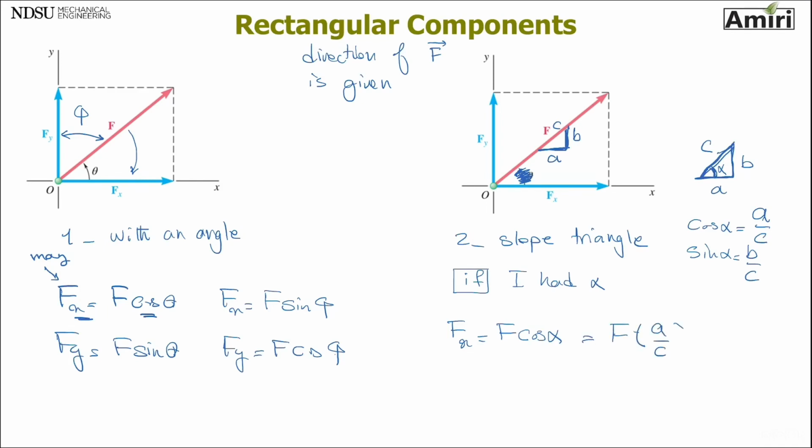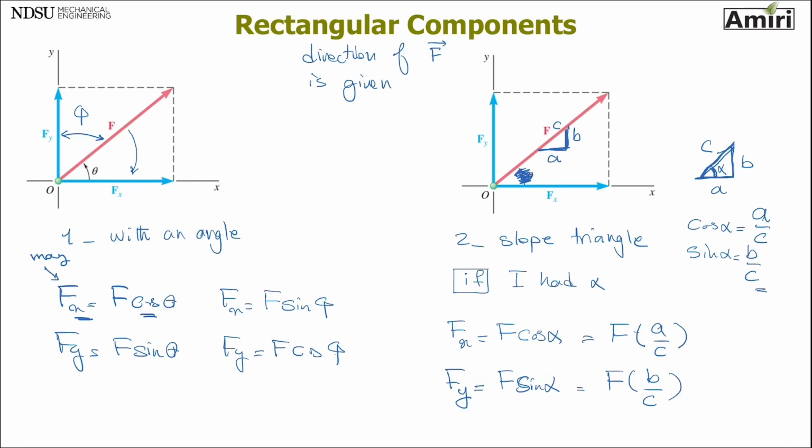It's called the slope triangle. Fx is F times A over C. Again, if I had alpha, I could have just said F sine alpha, but I don't have it, so I'm going to replace the sine with B over C. Okay, you kind of see the trend.